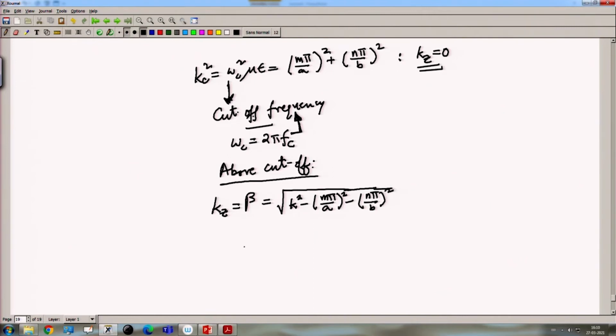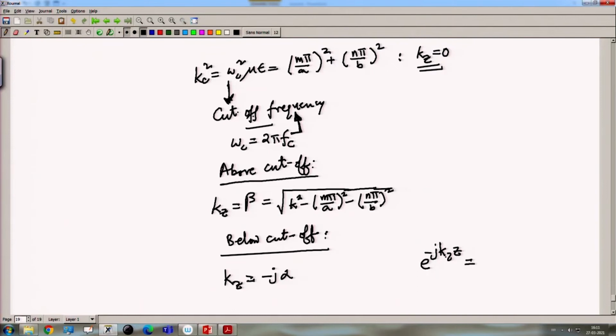And below cutoff, kz is minus j alpha. We have to choose minus j alpha and not plus j alpha, because the variation along z is e to the power minus j kz z.